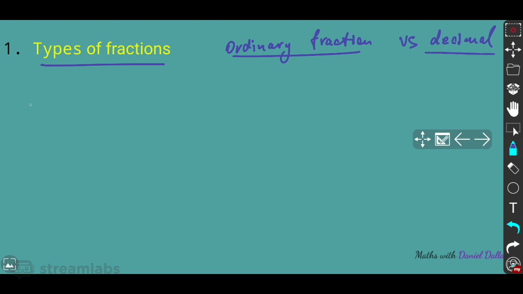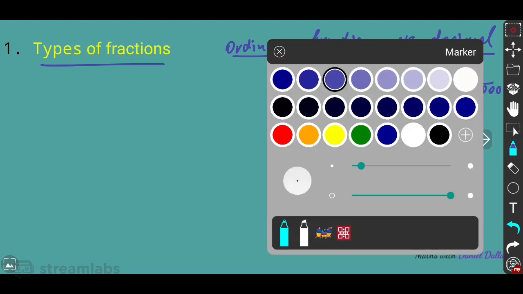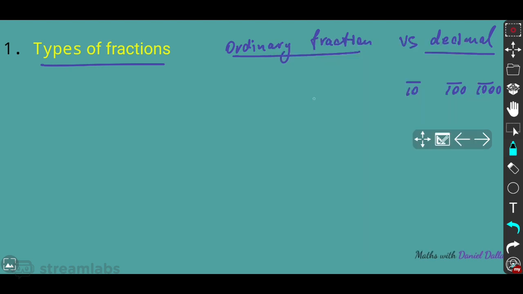Let's start from decimal. So a decimal is a fraction which will have 10 or 100 or 1,000 in the denominator. Or maybe more. That might be a million. But less likely you will have this. So the top of that fraction might be any number.